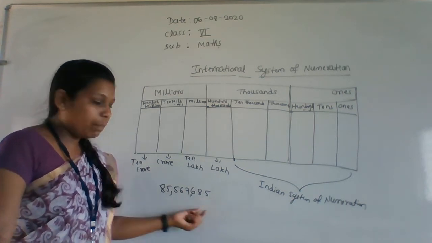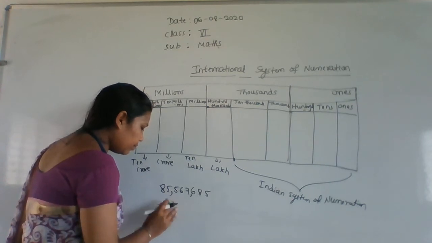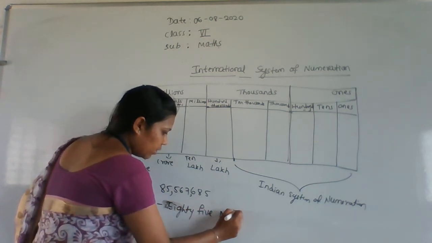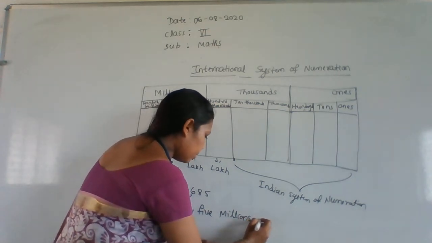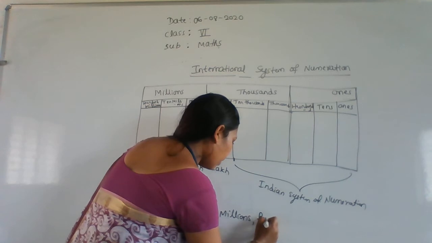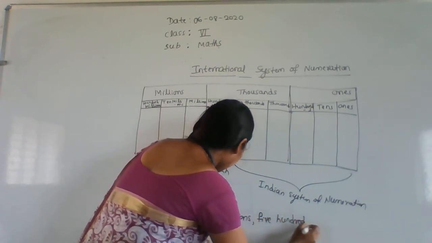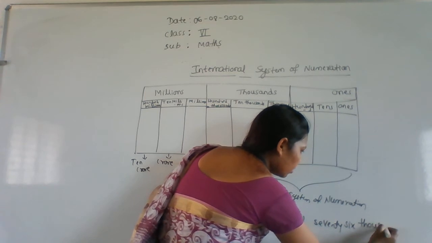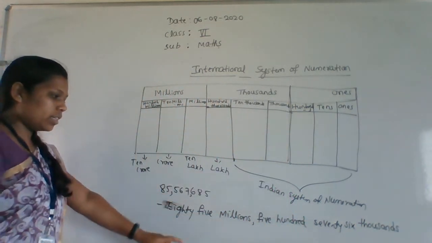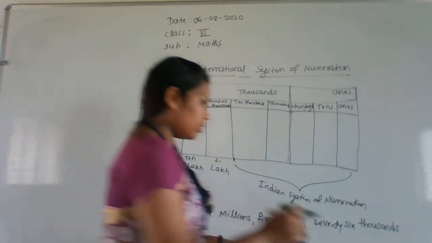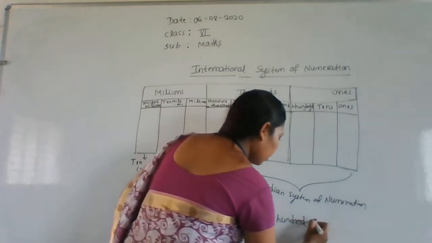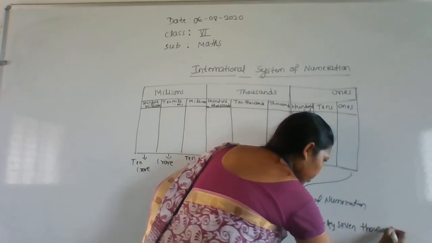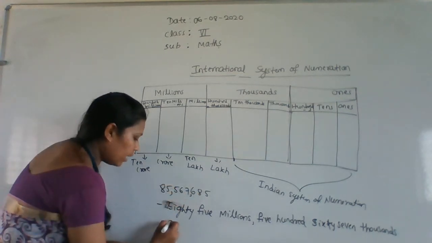85 millions, 567 thousand, 685. Getting my point? 85 millions, 67 thousands, next 685.